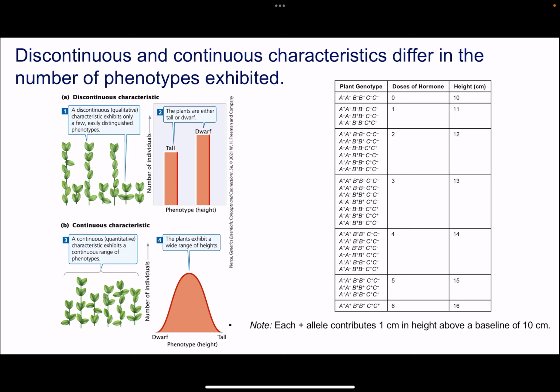So in order to understand quantitative genetics, we have to understand the difference between discontinuous and continuous characteristics. In a discontinuous characteristic, you have some number, usually a small number, say 2 or 3, maybe a few more, but a small number of very distinct phenotype categories.